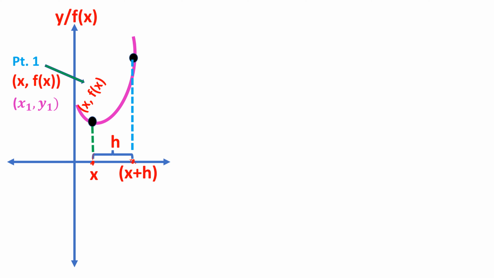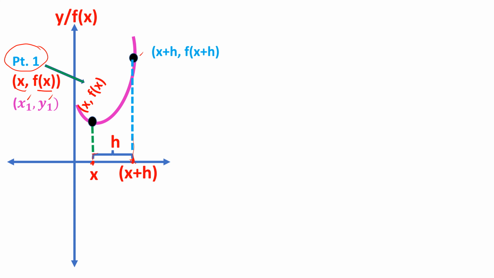So for point 1, our x sub 1 and y sub 1 are already represented by these coordinates. Then for the second point, remember that this point is made up of this particular distance.